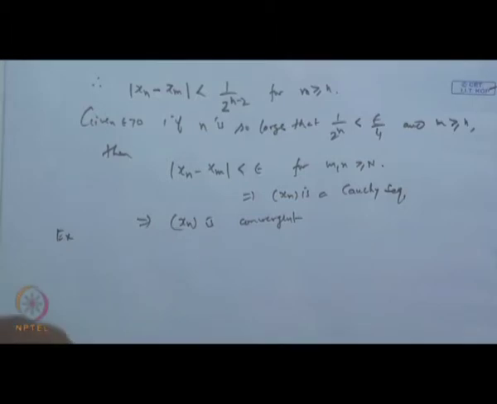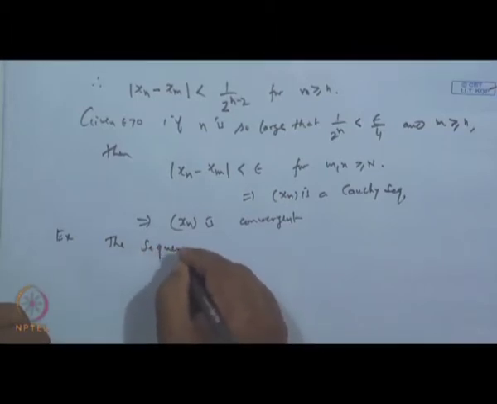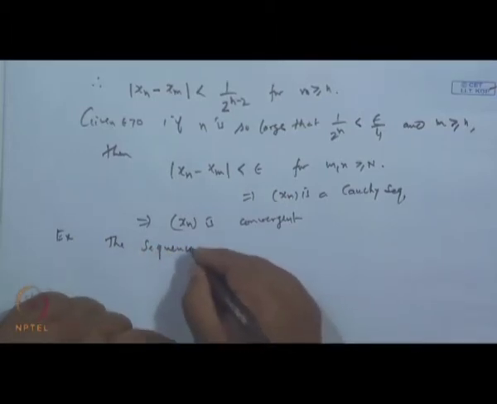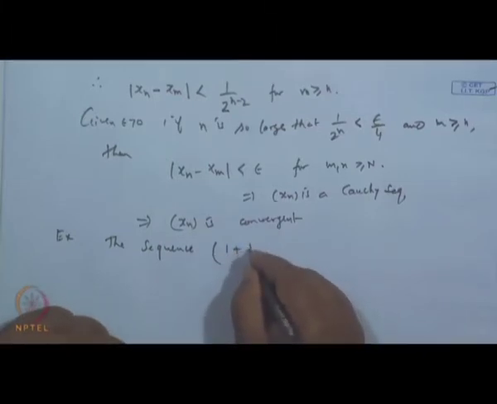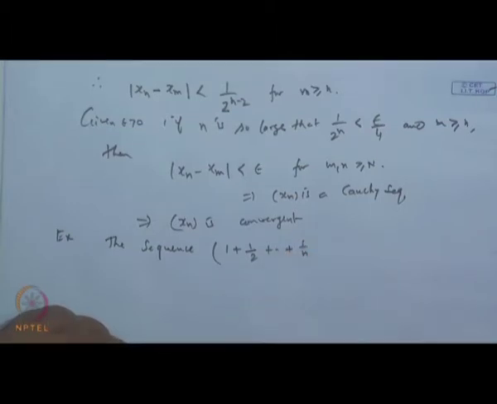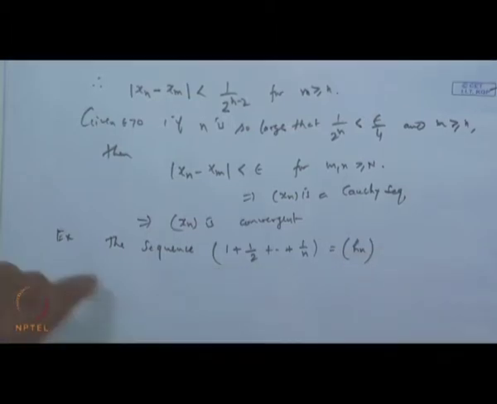For example, if we take the sequence 1 plus 1 by 2 plus up to 1 by n. This is a sequence h n, where h n is the sum of this.